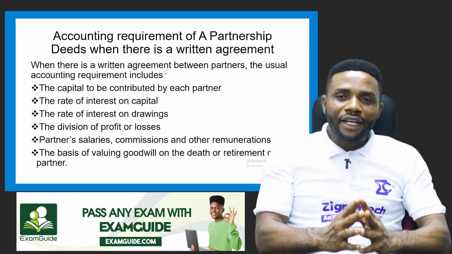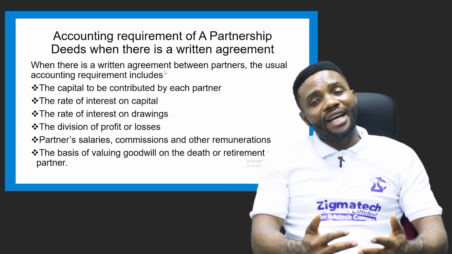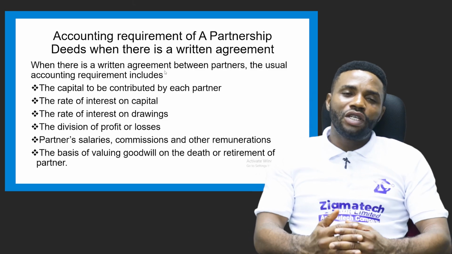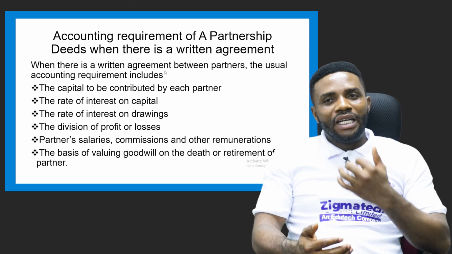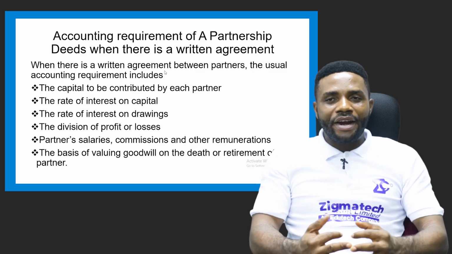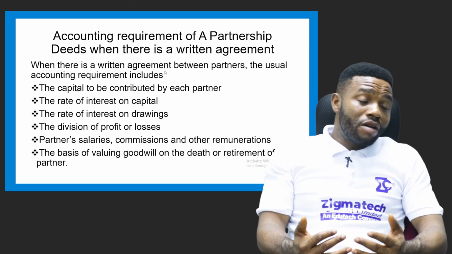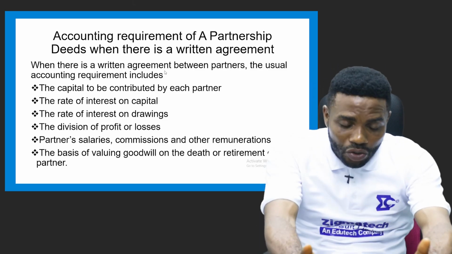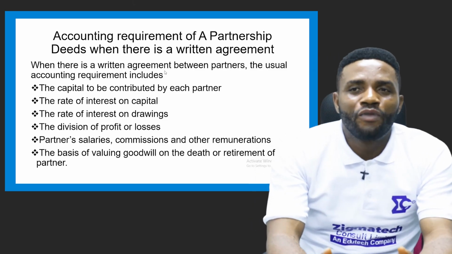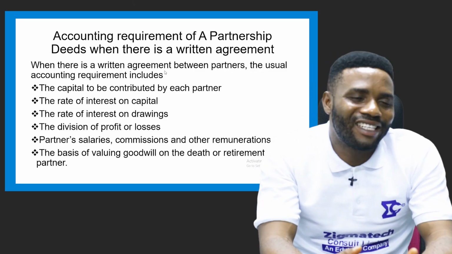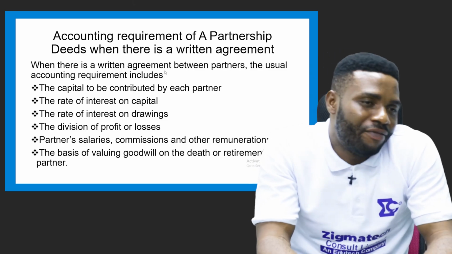Very important. Number two, the rate of interest on capital. The partnership deed must also spell out the rate of interest. What do I mean by interest? Interest is very important because it encourages the partners to bring more capital. Somebody introducing 5 million into a business and somebody introducing 2 million are not expected to have the same benefits.